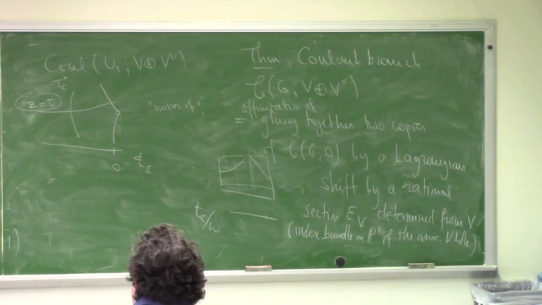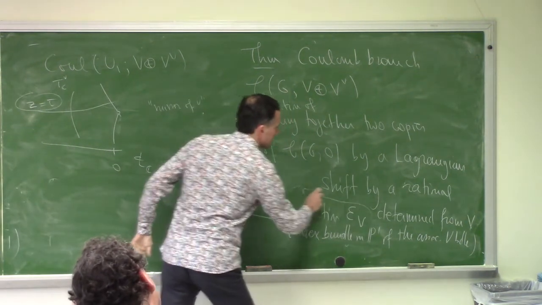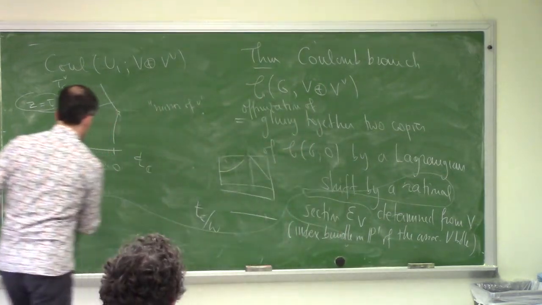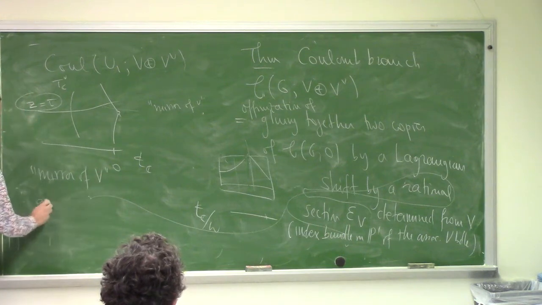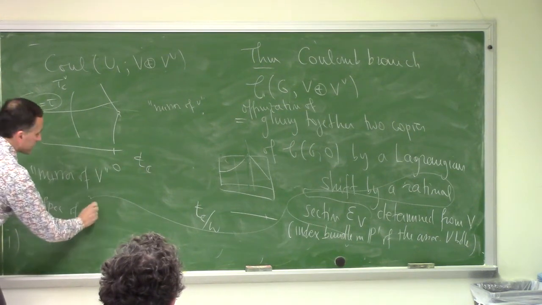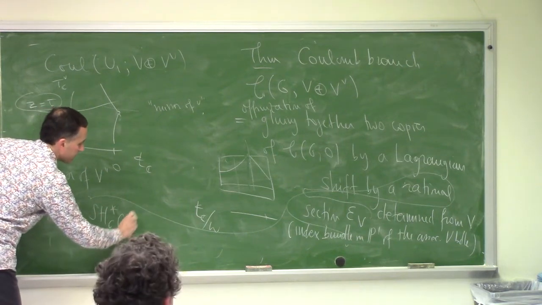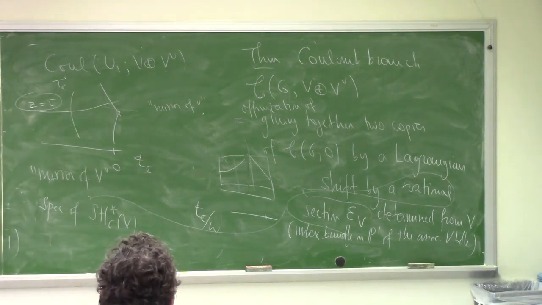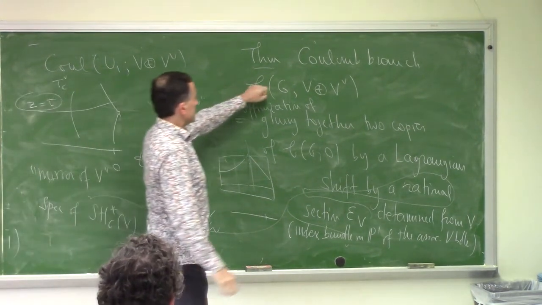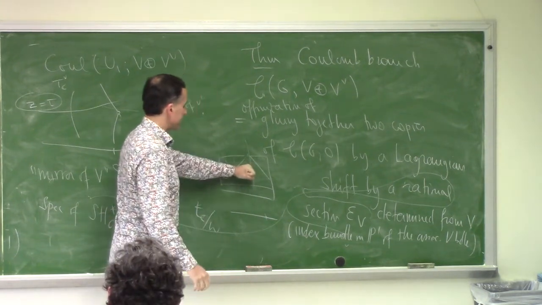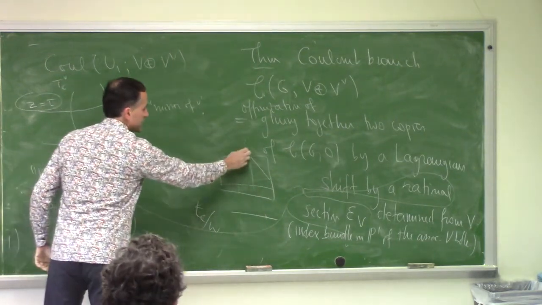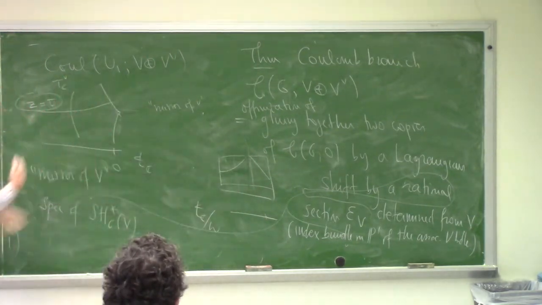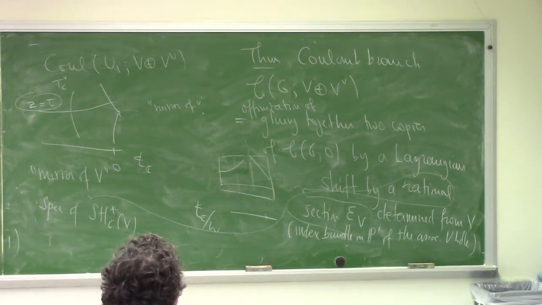So that's the description. Last thing I can say, this section is a mirror of V. It's, if you like, the spec of the equivariance effect. So glued together, if you want an algebraic description, it means you only keep the functions on this space which remain regular after you translate by this rational function, which tells you that they have to have some vanishing conditions at special points so they don't blow up after you translate by a rational function.